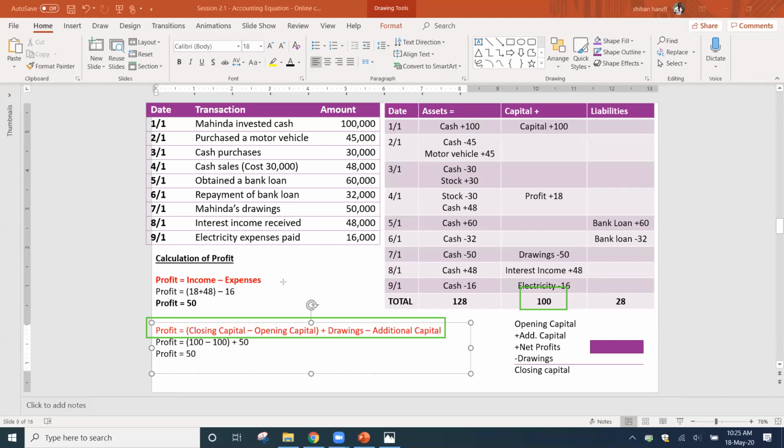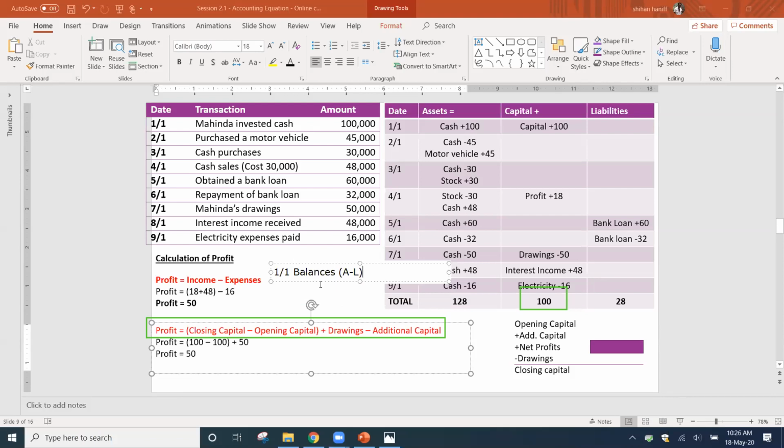So what you do, the simple way, is go on 1st of January to the business and calculate the balance. What are the assets and the liabilities? Assets and liabilities. 1st of January, you go to the business and calculate assets and liabilities.